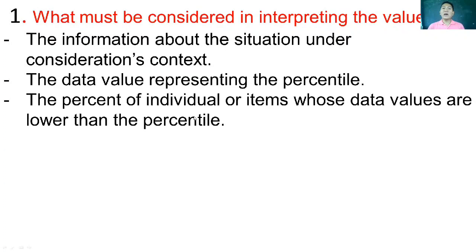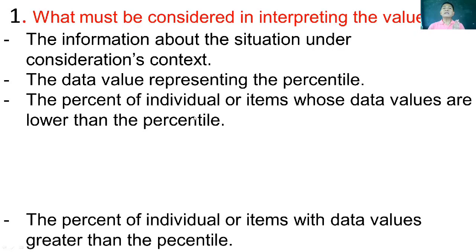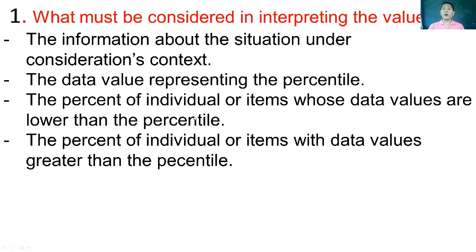And of course, the percent of the individuals or items whose data values are lower than the percentile. And lastly, the percent of individuals or items with data values greater than the percentile. Those are the things you must consider in interpreting the values.